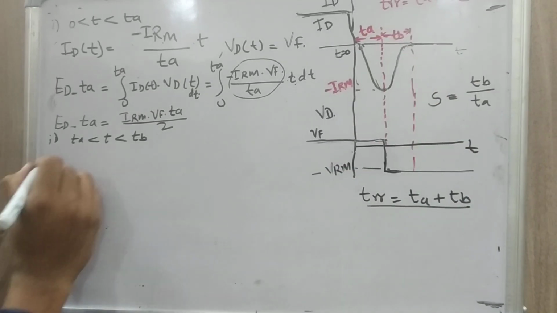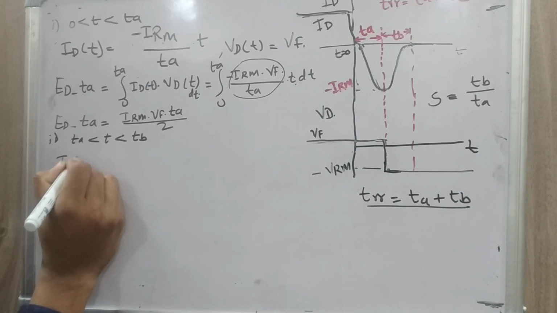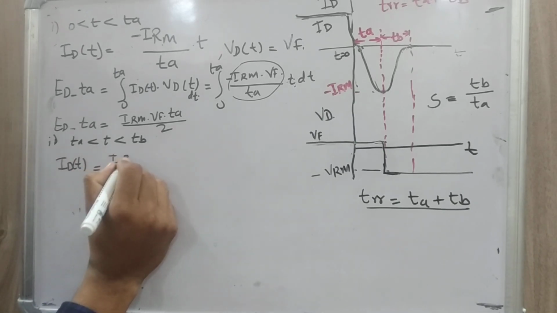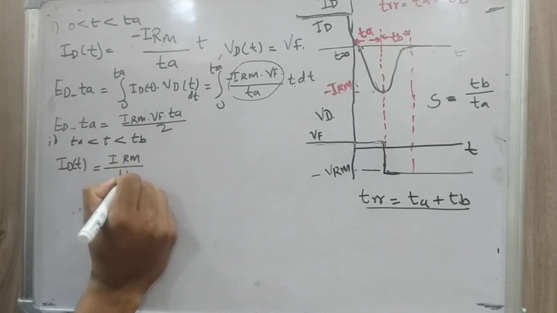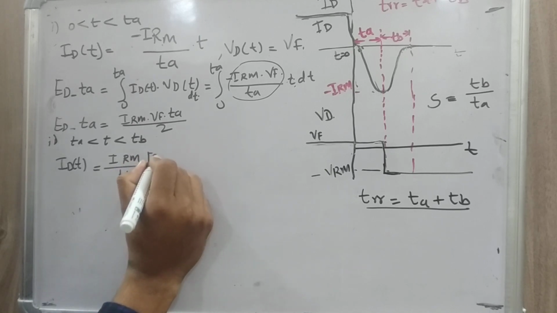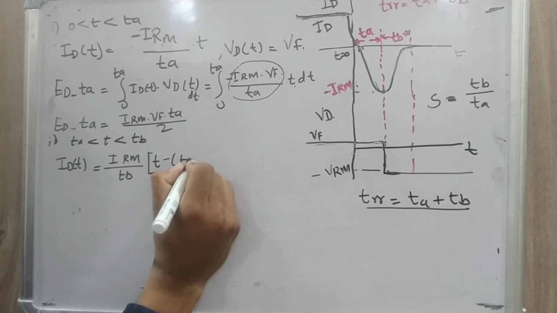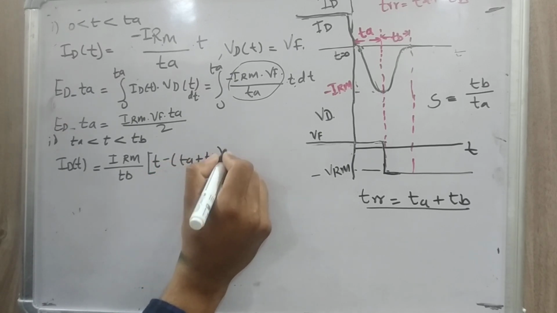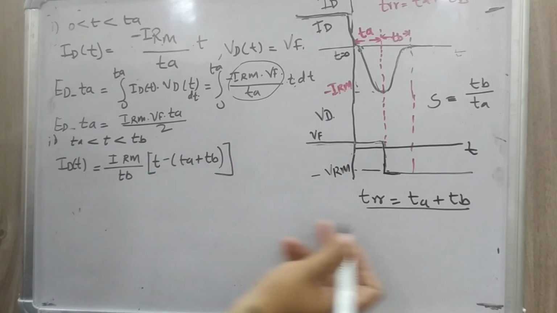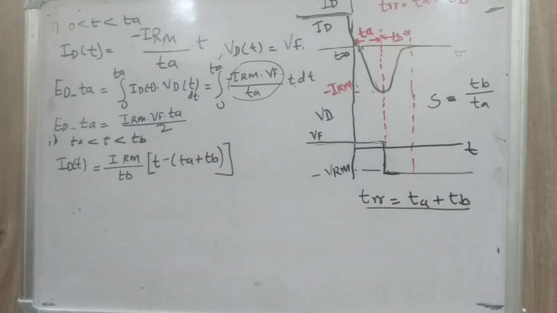So ID of t is IRM upon TB into t minus (TA plus TB), or this is the TRR term because TA plus TB is TRR, right?